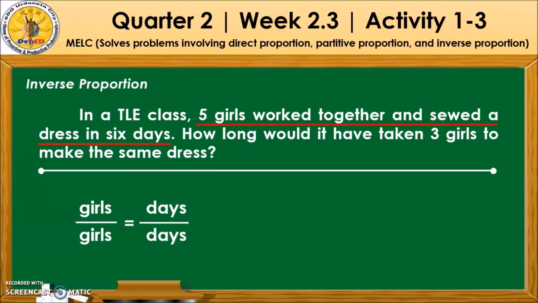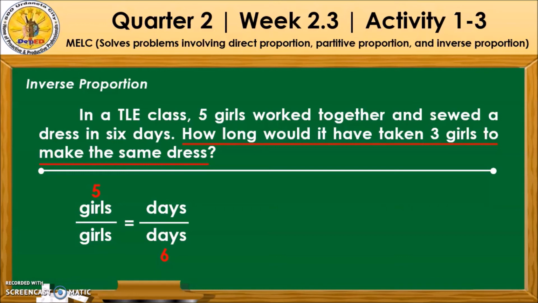For the first statement, 5 girls worked together and sewed a dress in 6 days, we can substitute the first word girls to 5. And on the opposite side, we can replace days to 6. And now, for the second statement, how long would it have taken 3 girls to make the same dress?